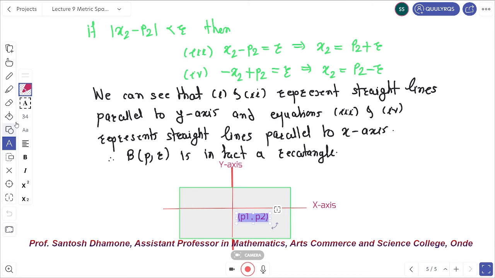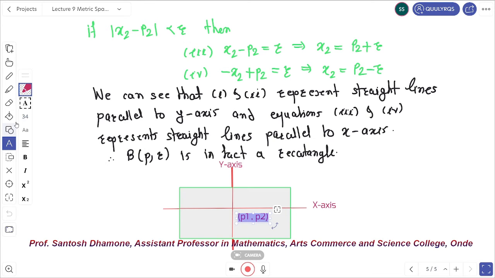This is x2 is equal to p2 minus r. Our open ball is in between this rectangle. I denoted it by the shaded region in this yellow color.